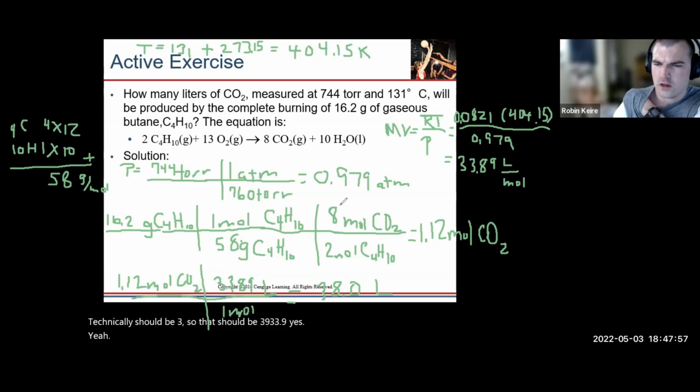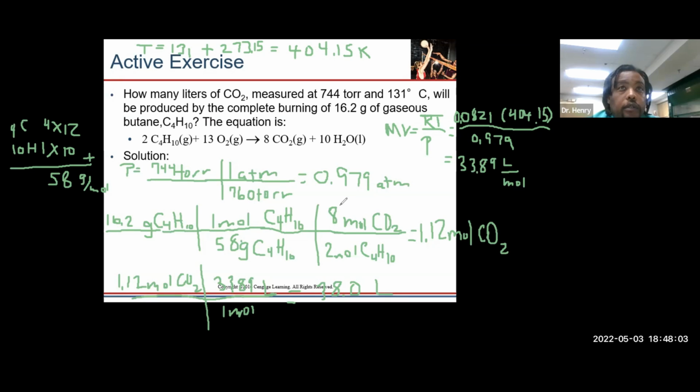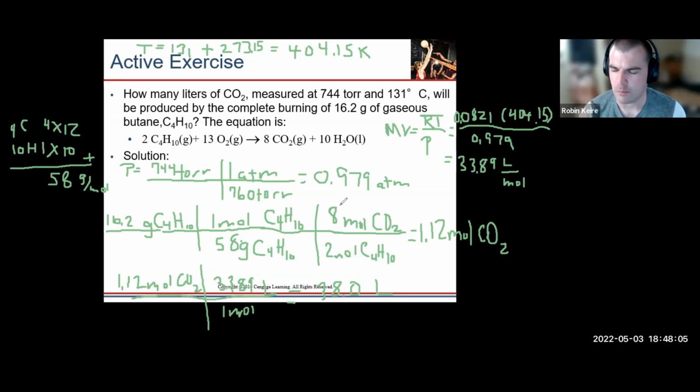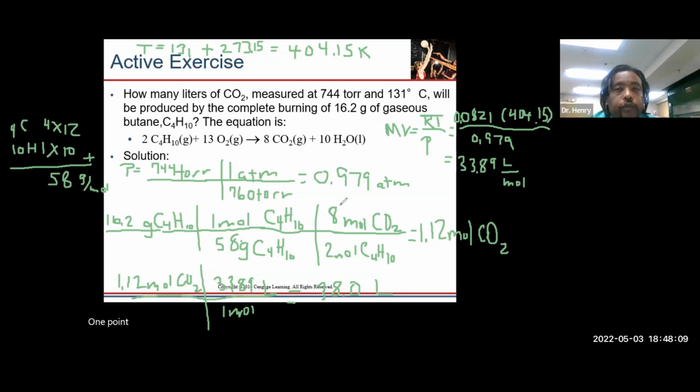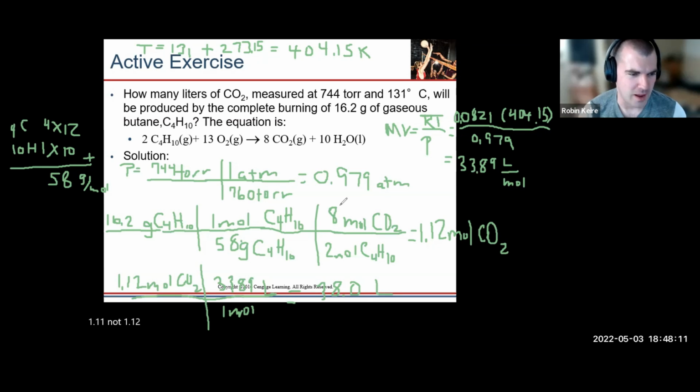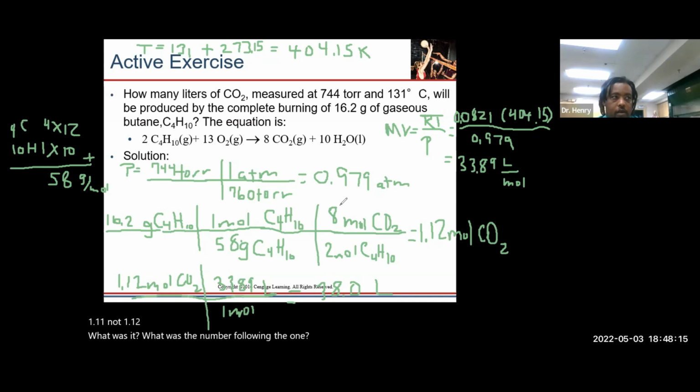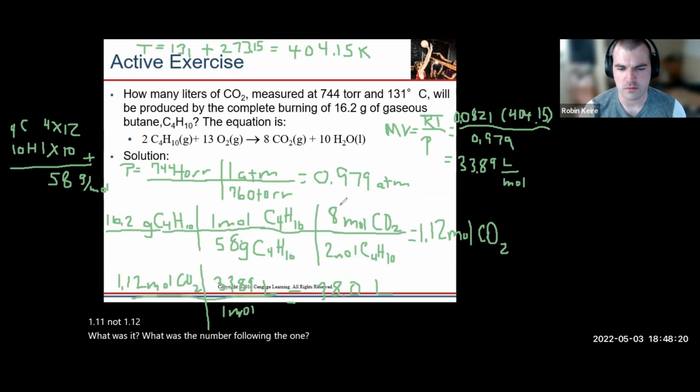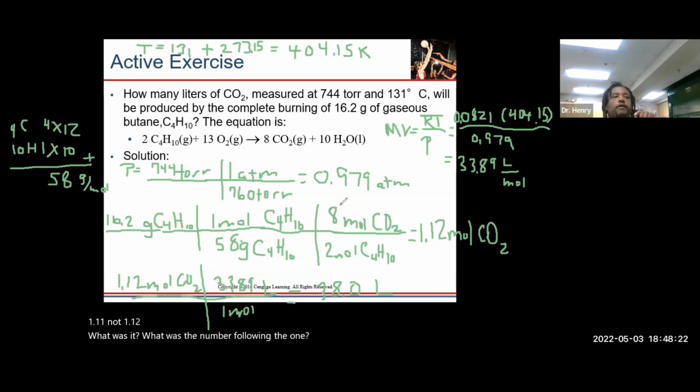And then for grams of butane to moles of CO2, I got 1.11. 1.11, not 1.12. What was the number following the 1 after you got it?